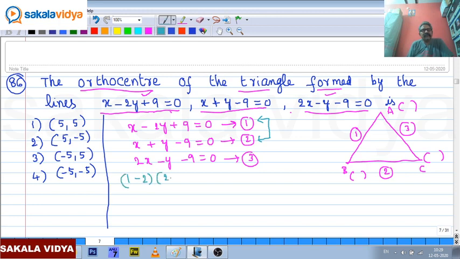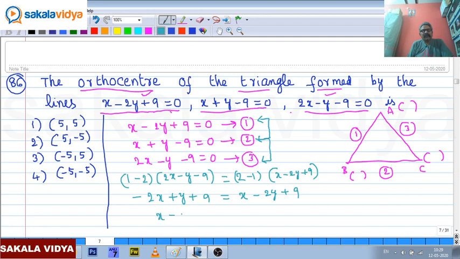Third line is 2x minus y minus 9 equals to, this time you take these two lines. Here also A1 A2 2 plus B1 B2 minus 1 into first equation write down. What is the first equation? x minus 2y plus 9 write down. This will be minus 2x plus y plus 9 equal to x minus 2y plus 9.